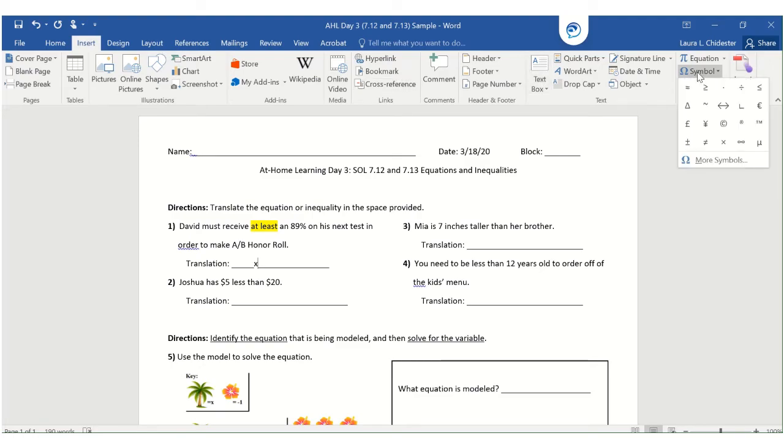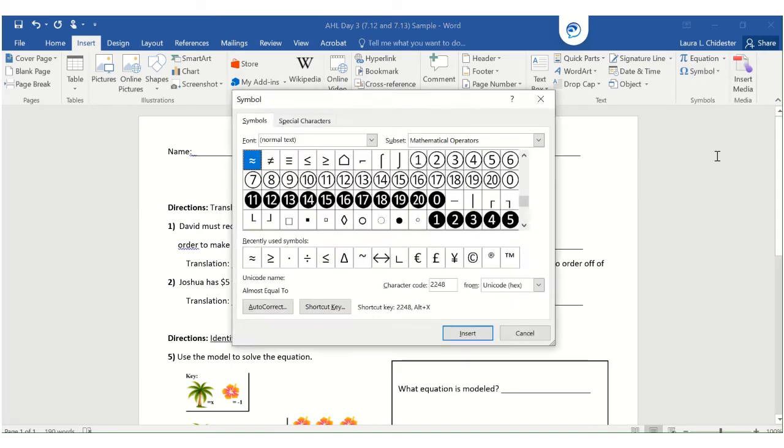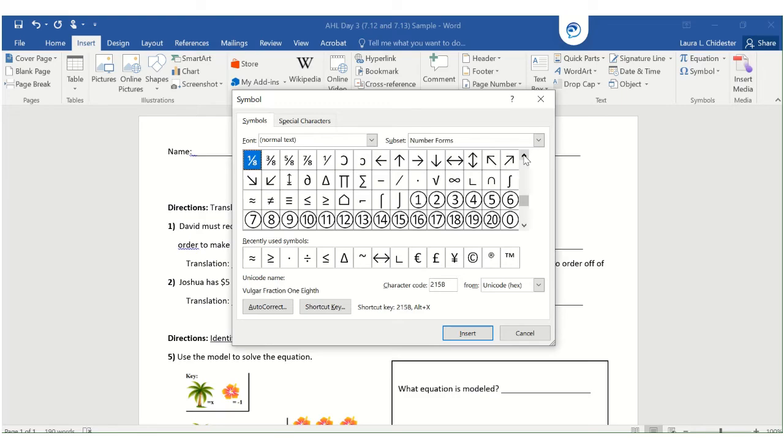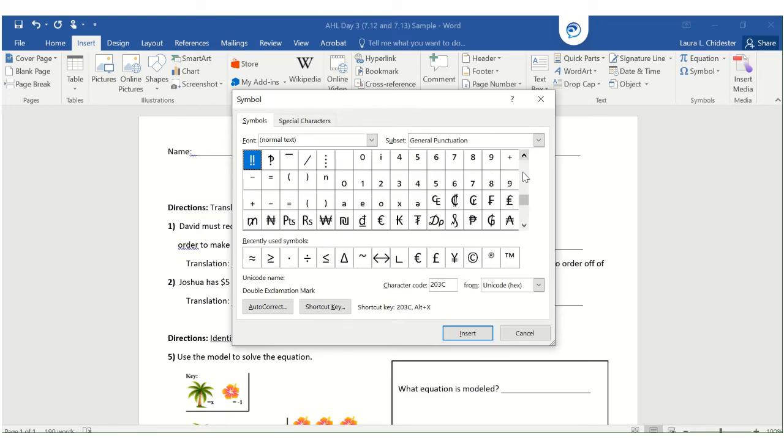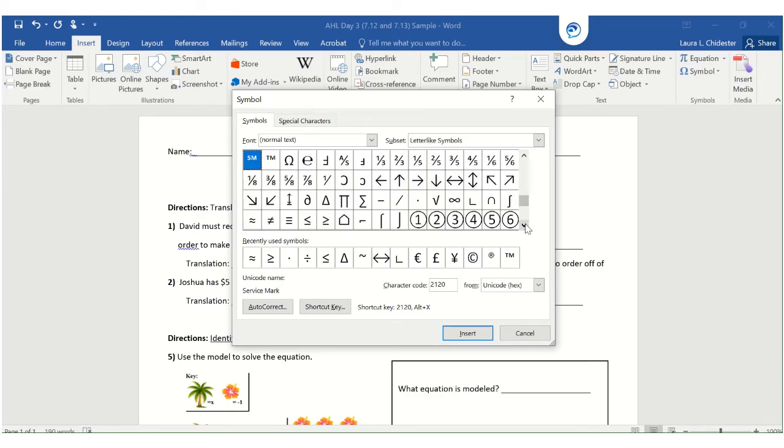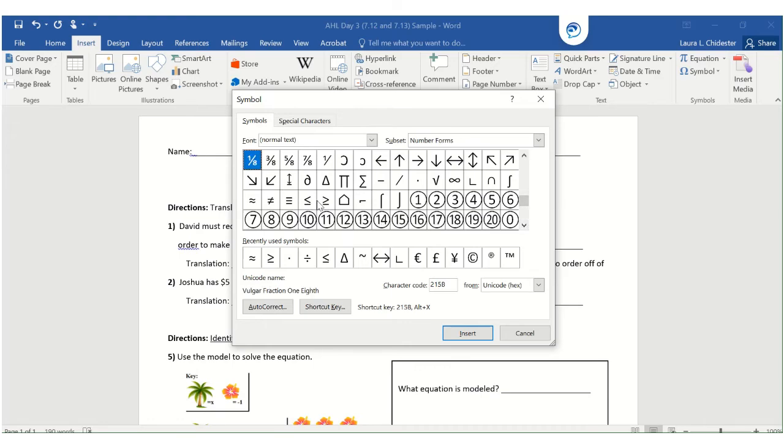So you click on that. Now these are my recently used symbols. So I have greater than or equal to and less than or equal to right here. You would probably have to go to more symbols and you may have to scroll, depending where it puts you when you open this up. You may have to scroll to find it and they'll be near each other right here.